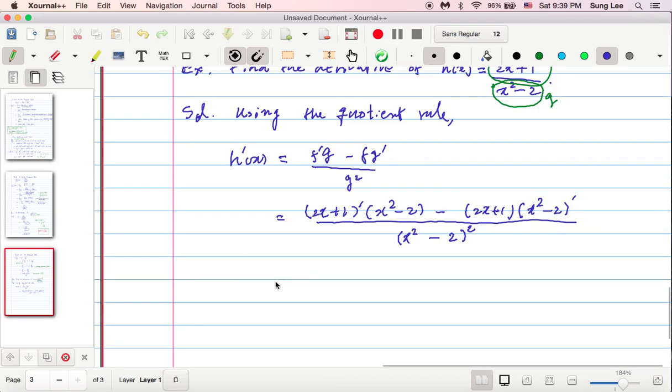So that equals 2x plus 1 prime, that's just 2, times x squared minus 2, minus 2x plus 1 times x squared minus 2 prime, that's 2x, all over x squared minus 2 squared.